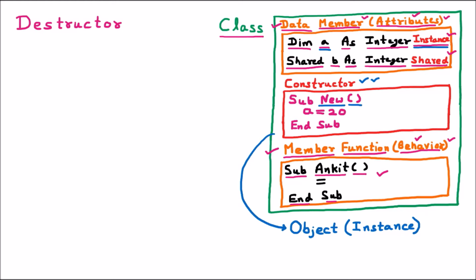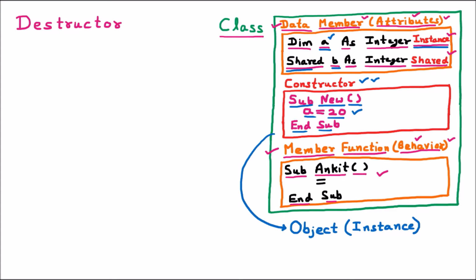Constructor always has the word New. So New with brackets means it is the constructor. Here we have the Sub, meaning no return type, ending with End Sub. A is equal to 20. It is initializing A, and what is A? A is the normal variable. So this is the instance constructor. If we define any other constructor, which is going to initialize B, and what is B?